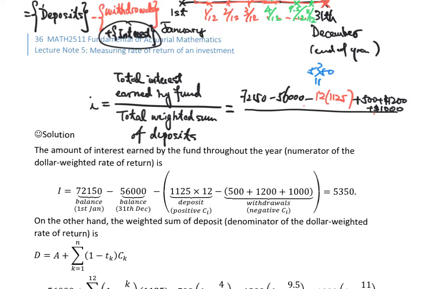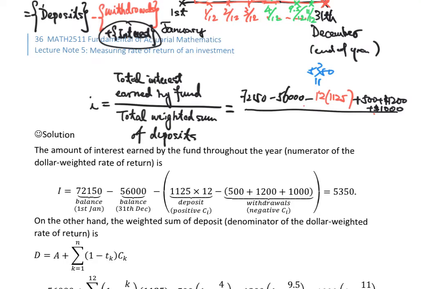Once you have this, you can now work on the denominator. Remember, for the denominator, that will be the total weighted sum of the deposit. Now, how do we get this?